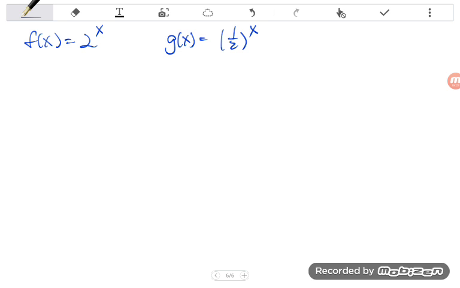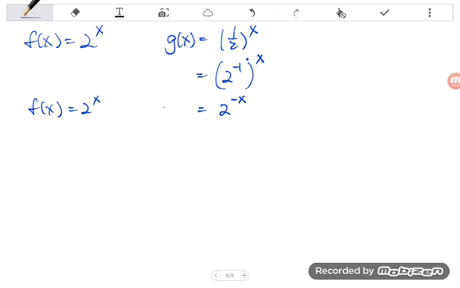What I want to do now is to somehow convert g of x to look similar to 2 to the power of x. So half becomes 2 to the power of -1, because we have a reciprocal, and the power of x is still there. This becomes 2 to the power of -1, and then to the power of x. Power to the power, I can multiply them, so I get 2 to the power of -x. My f of x, I'm not going to change.